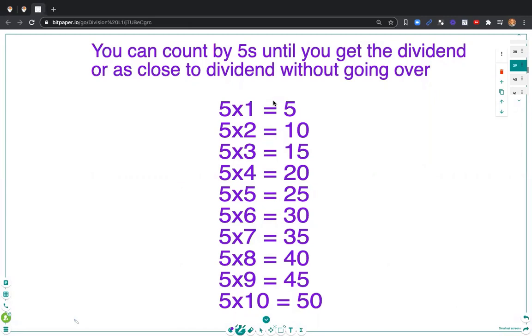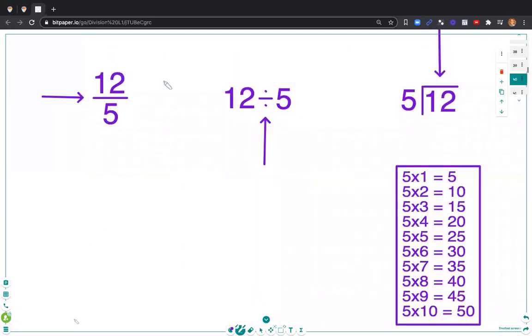When we're dividing by 5s, we can count by 5s until we get to the dividend, or as close to it as we can without going over. Here's an example. Let's look at 12 divided by 5 right here. Here's my arrow showing you the division bar.